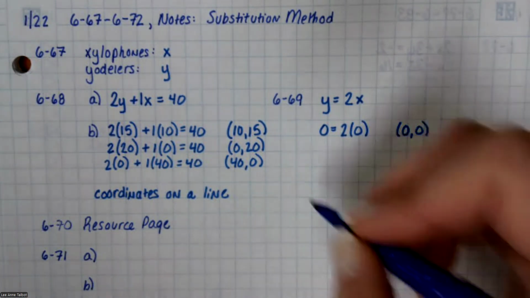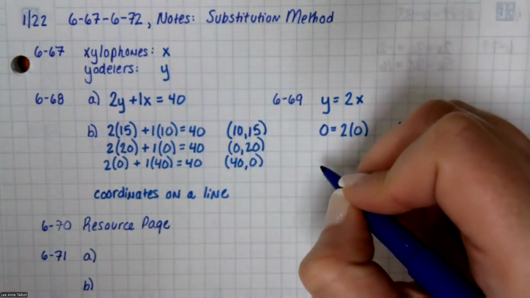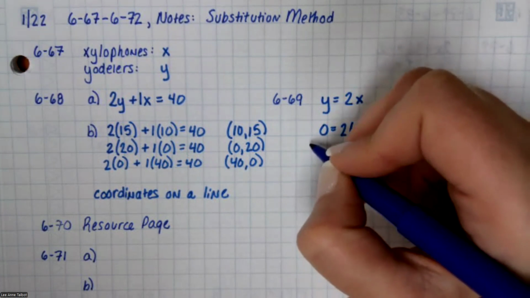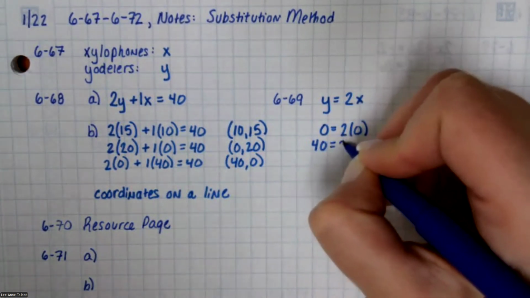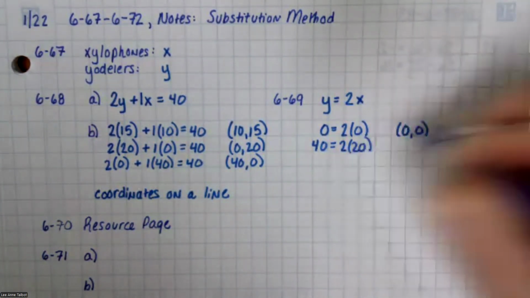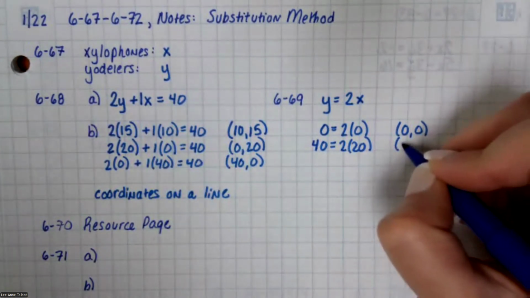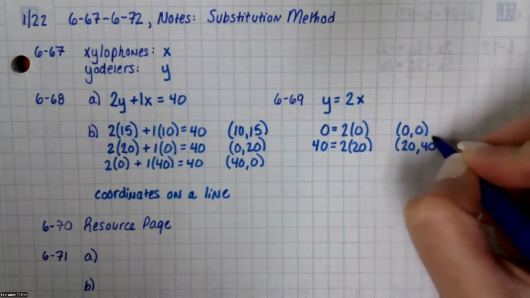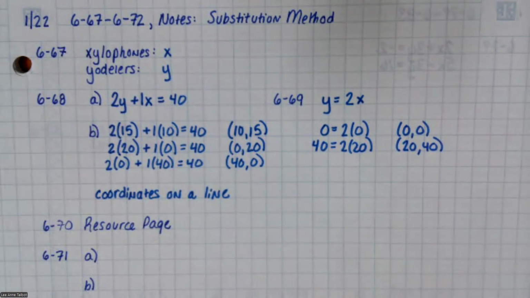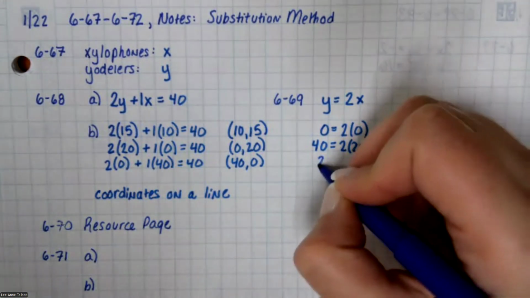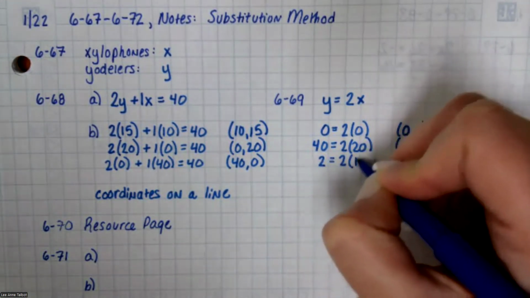Yes, Brandon. 40 equals 2 times 20. Wonderful. So that would be the coordinate 20, 40. It's another easy one. Beautiful. 2 equals 2 times 1.